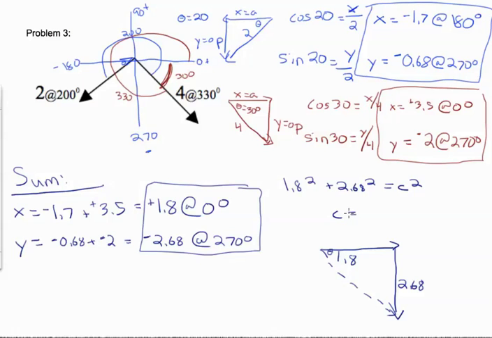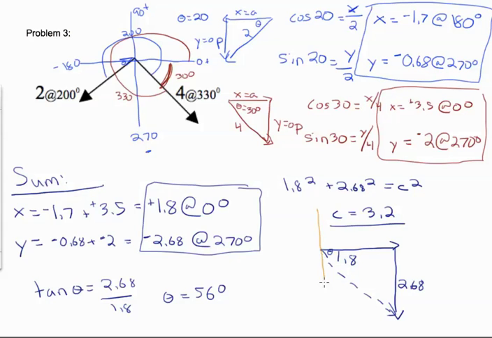Now to find theta, we use tangent. Tangent of theta equals opposite over adjacent. We get 56 degrees. And we have one more step because we need to put this value into the unit circle. So if we draw a unit circle on here, we have 0 and 360, 90, 180, and 270.